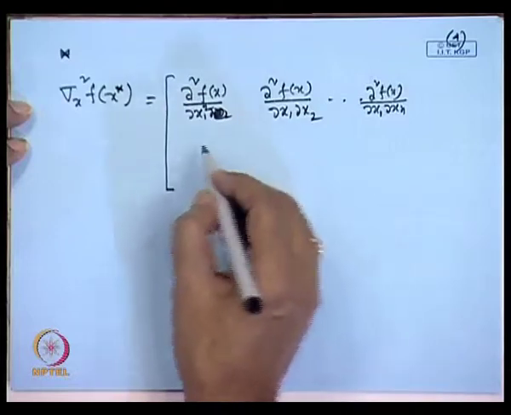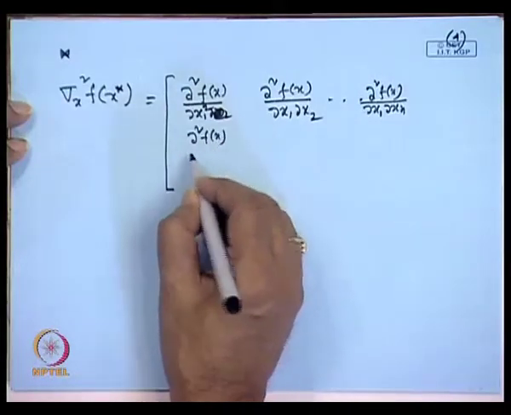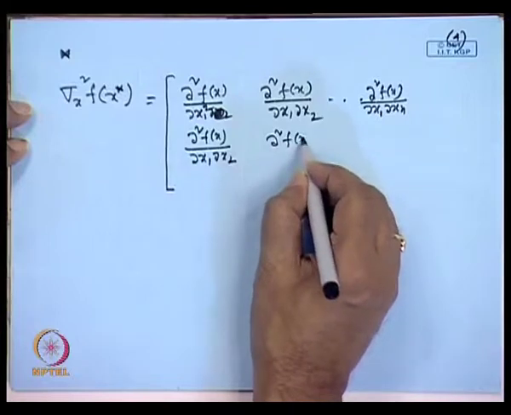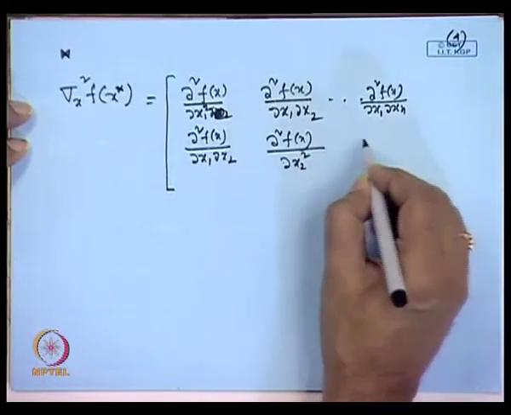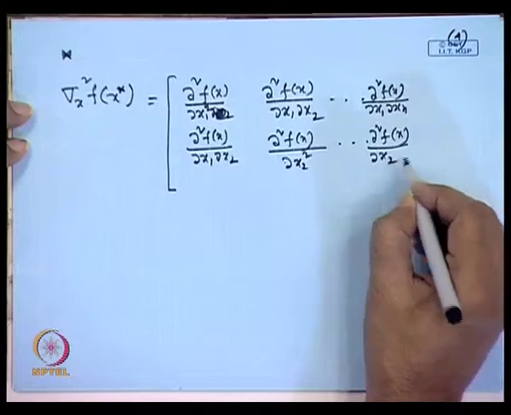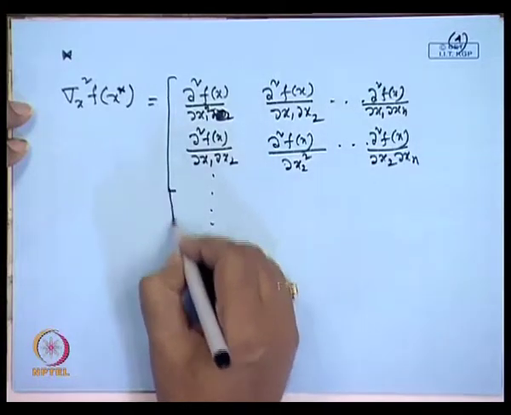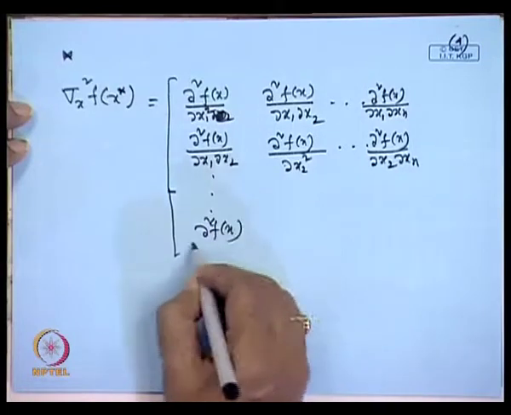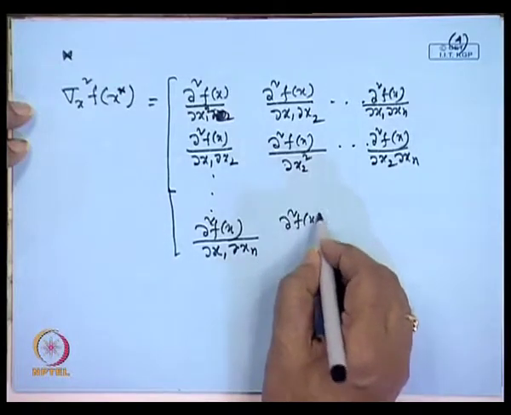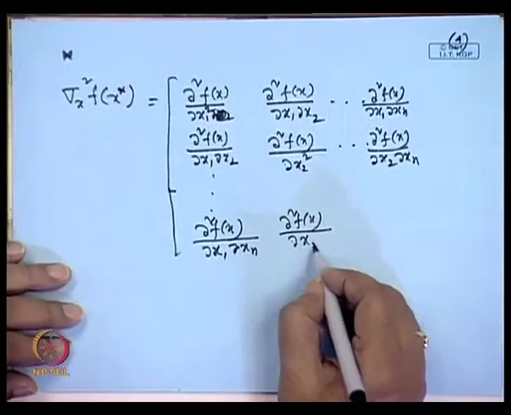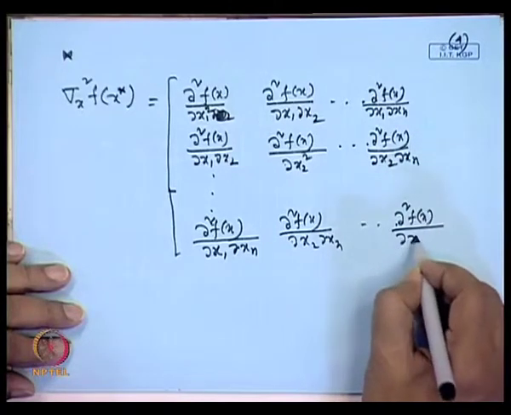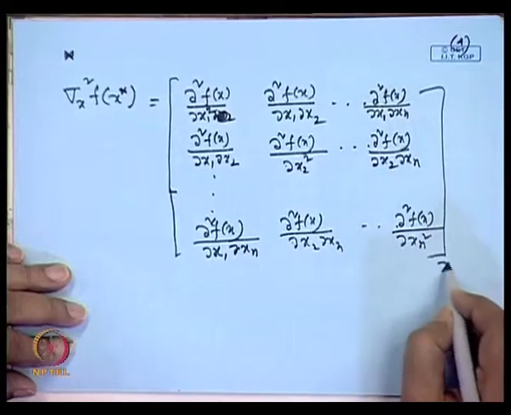Similarly, you write del square f by del x 2 del x 1, del square f by del x 2 square, and so on up to del square f by del x 2 del x n. The last term is del square f by del x n square. Put these values at x is equal to x star.